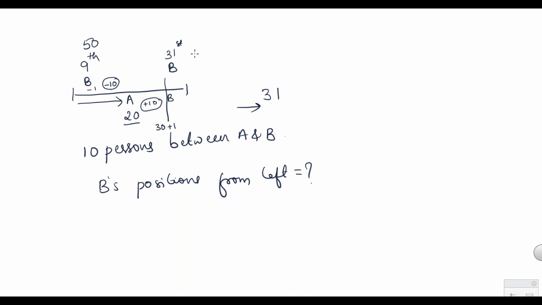If they mention that B is on the right of A, then the answer will be 31. If they mention B is on the left of A, then the answer will be 9. Is that clear? In such cases, if you are getting multiple answers, meaning more than one possibility, then you should go for the option cannot be determined or data inadequate.